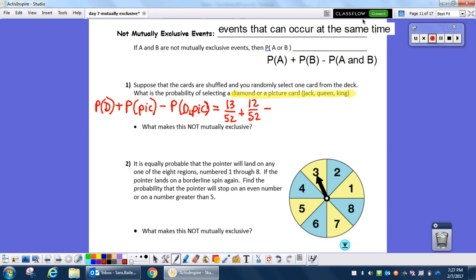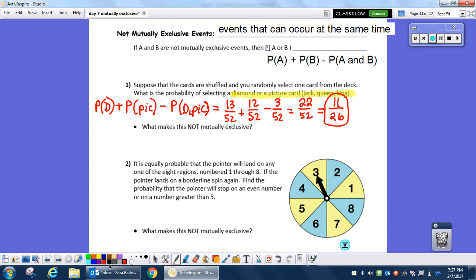So there are 3 picture cards that could also be diamonds. So what you would just do is 13 plus 12 minus 3, and that gets you to 22 over 52, which simplifies to 11 over 26.